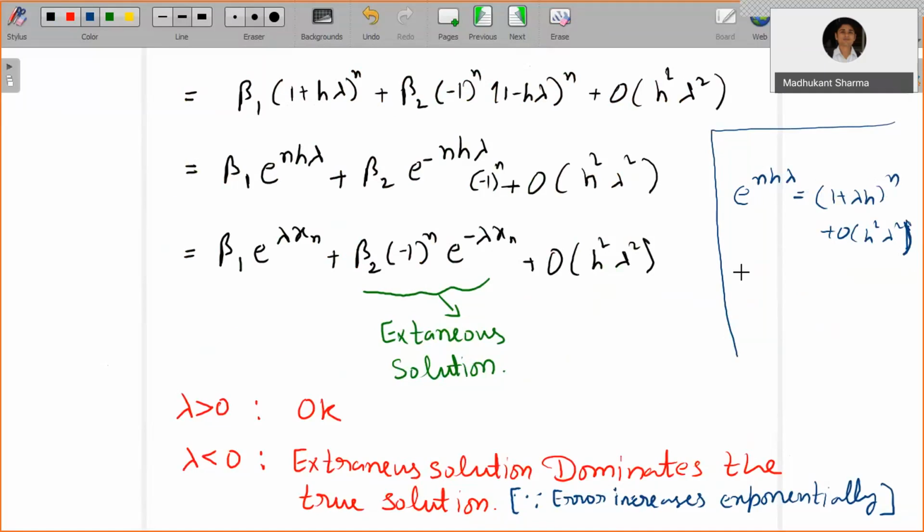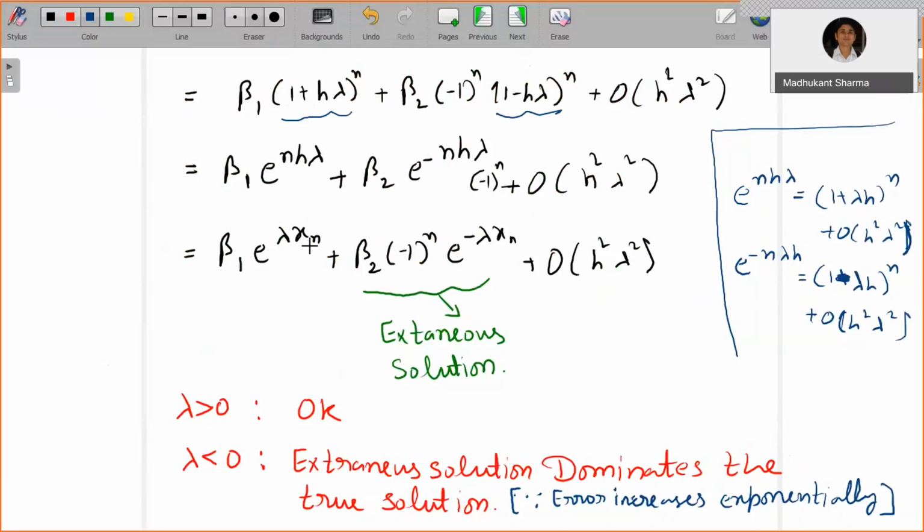In a similar fashion, we can also show that e to the power minus n lambda h can be approximated by (1 minus lambda h) to the power n plus O(h squared lambda squared). So this you are going to replace by the following approximation. Then what you will get is the following shape.